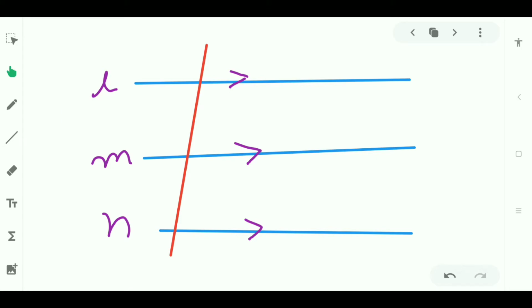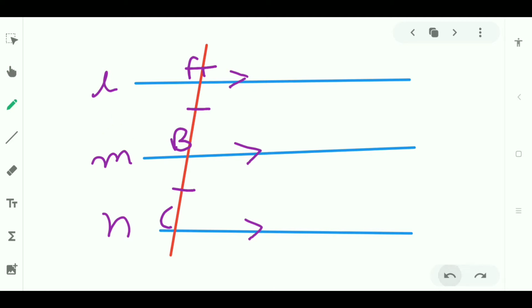That is, if I name this point A, this B and this C, and it makes AB equal to BC, that means the part of the line lying between the parallel lines, AB is equal to BC, then that is called making equal intercepts.